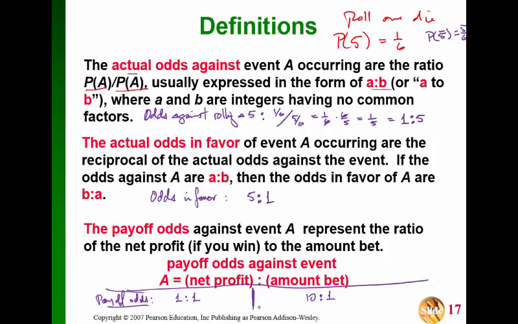So what would be the fairest payoff for this? 5 to 1. The fairest payoff is that you look at the actual probability and then use that for your payoff. And that's as fair as it gets. So 5 to 1.